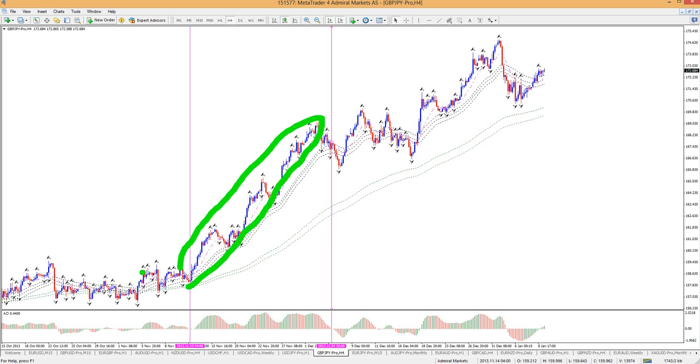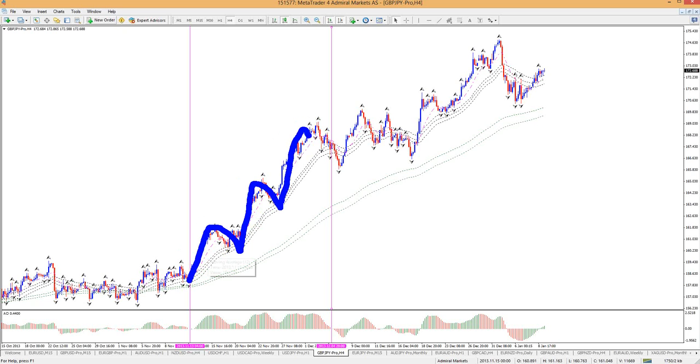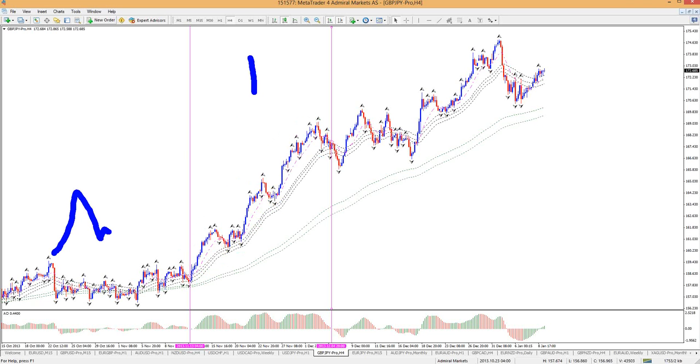Right? And of course, within that swing high, swing low, you've had many ups and downs, right? Many ups and downs. So if we would zoom in to a 1 hour chart, we would have multiple swing high, swing lows on that 1 hour chart within this 4 hour swing high, swing low. So that's useful for the oscillator.